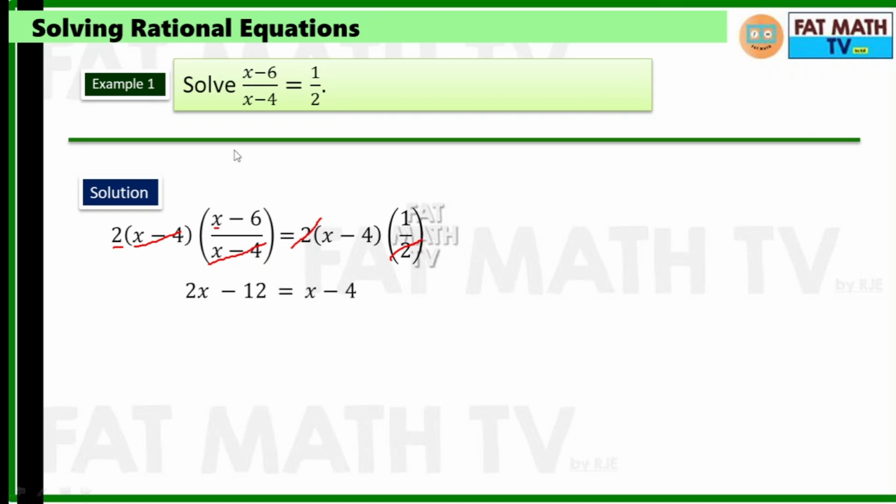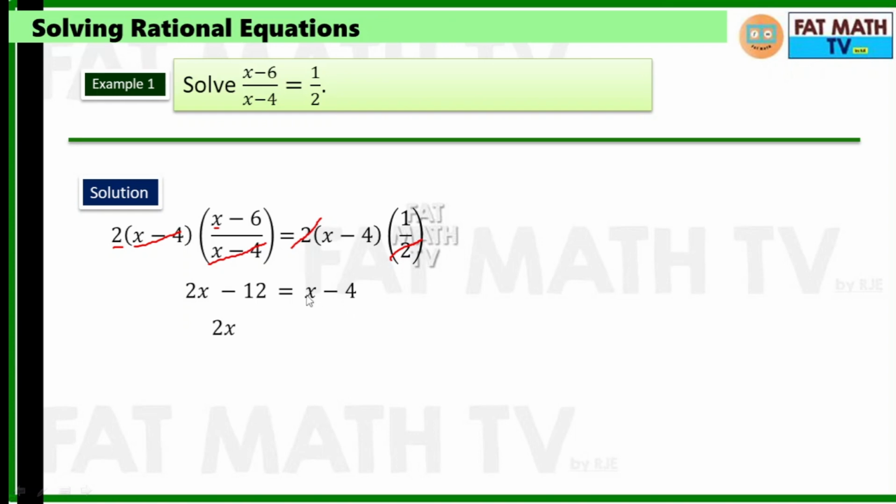The resulting equation is now a linear equation. If you are solving a linear equation, you have to put the terms with x on one side of the equation, and the constant terms on the other side. So we will put positive x here to the left, and the negative 12 to the right.